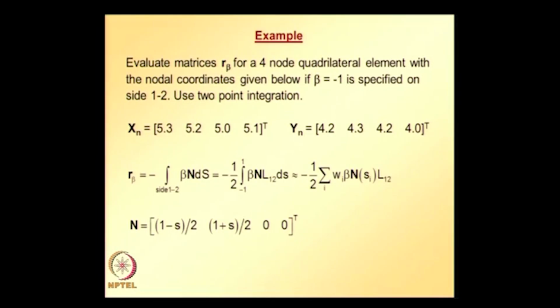is the length of side 1 2 divided by 2. So, we can calculate L12 from the information of the nodal coordinates using a formula like this. And now we need to use 2-point integration.